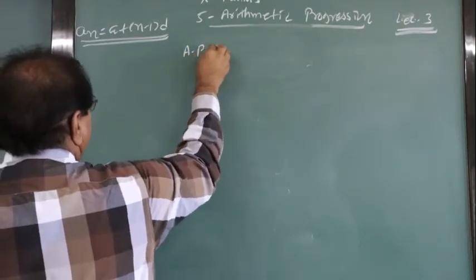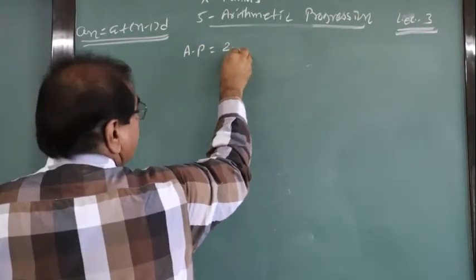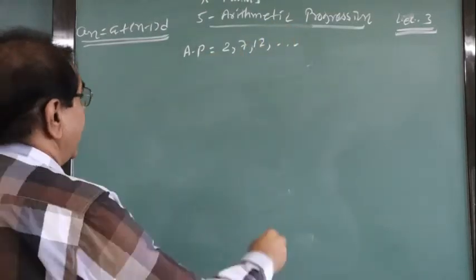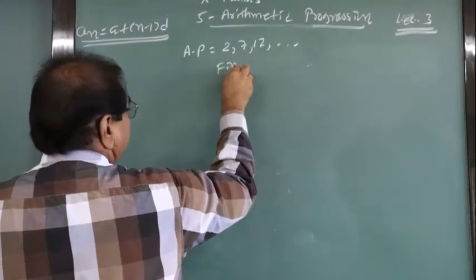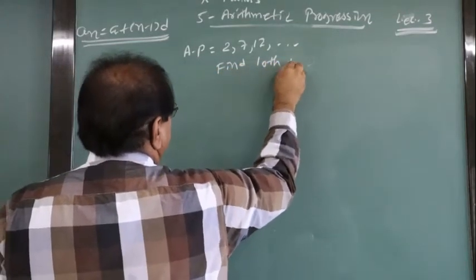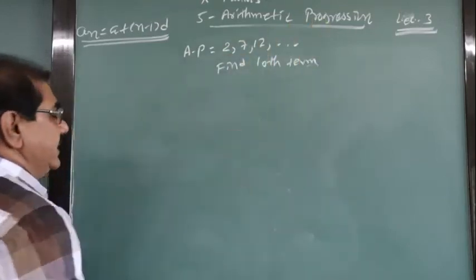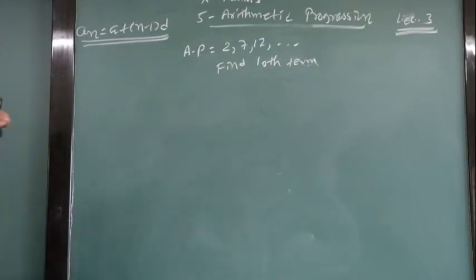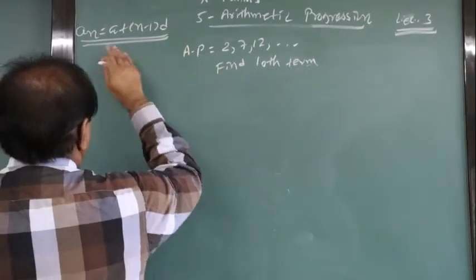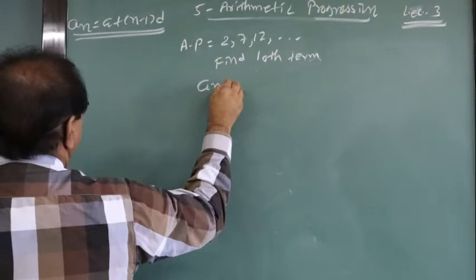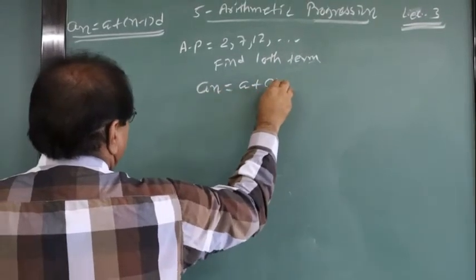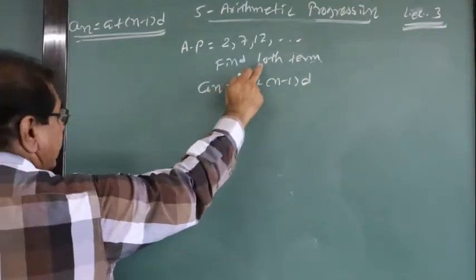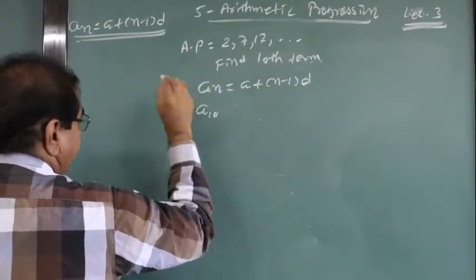Consider one AP: 2, 7, 12 and so on. And you are asked to find out the 10th term of this AP. How to give the symbol for the 10th term? It is A10. Okay. I first of all write the formula. An is equal to A plus n minus 1 into D. I use the formula. Now I am finding the 10th term, so it is A10.